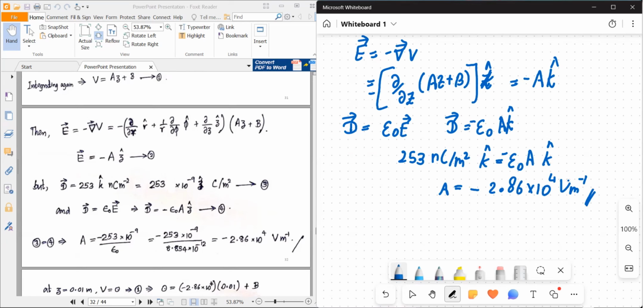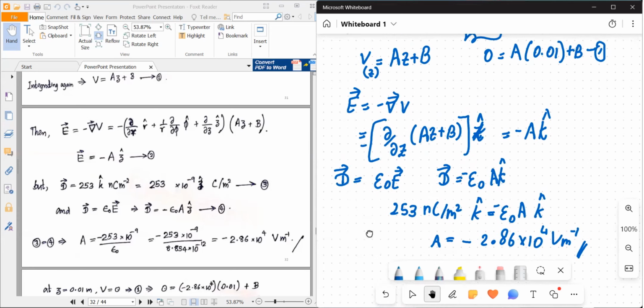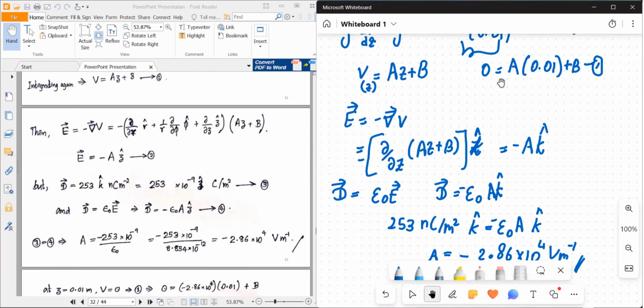Then once we know the value of A, we can use that in this equation, 0 is equal to A times 0.01 plus B, and then we can calculate the value of B.